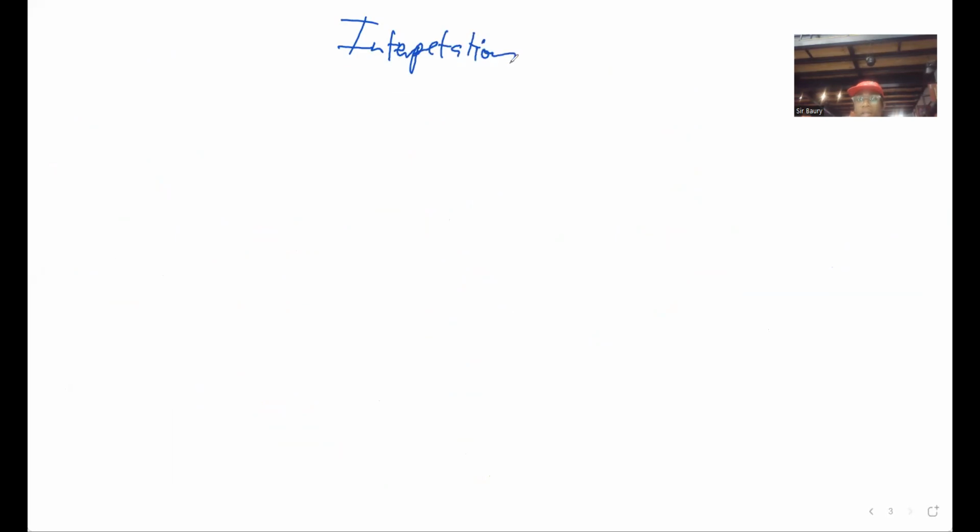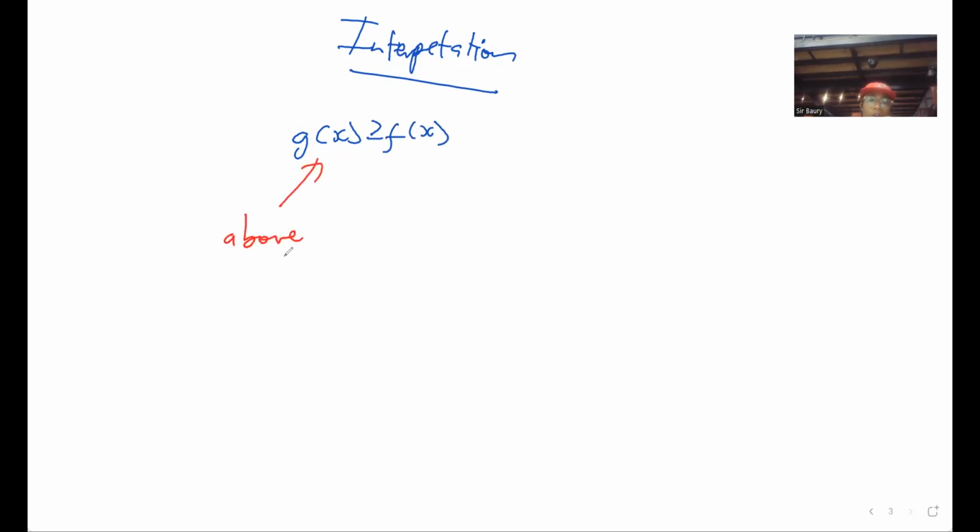Interpretation. What do they mean? They're saying, if g of x is greater than or equal to f of x, they want a point where g is above or on top.